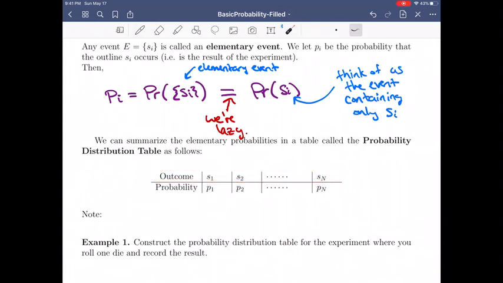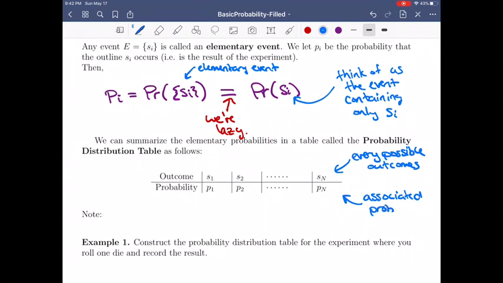Every possible outcome is in your table. These are single outcomes, together with their associated probabilities.